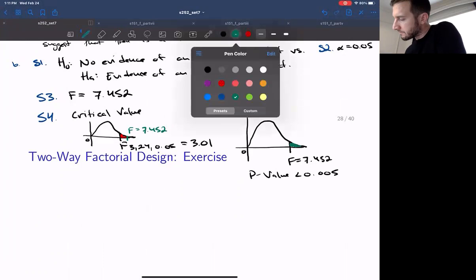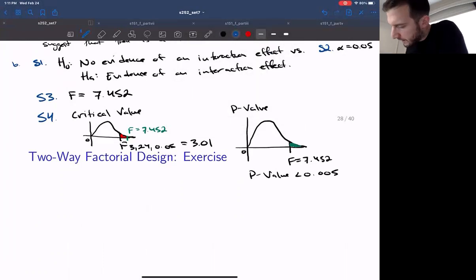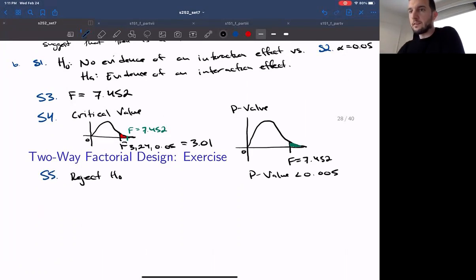Okay, now based off either approach, we can say that the null should be rejected because the test statistic is in the critical region or because the p-value is less than the significance level.